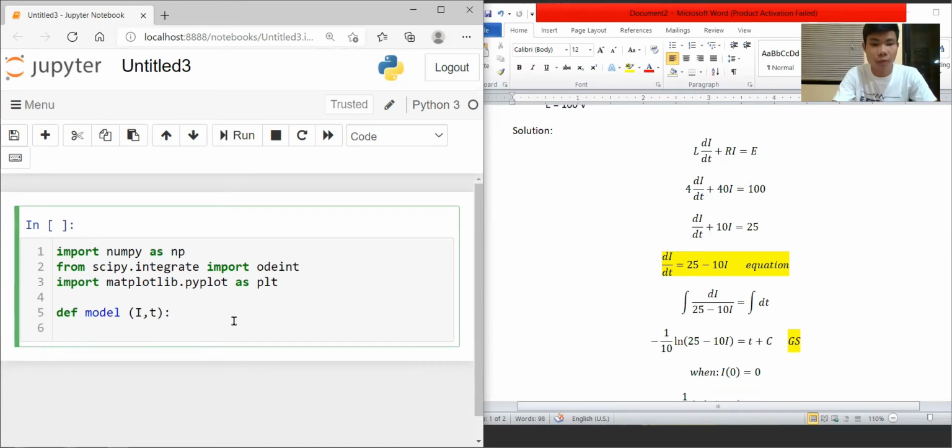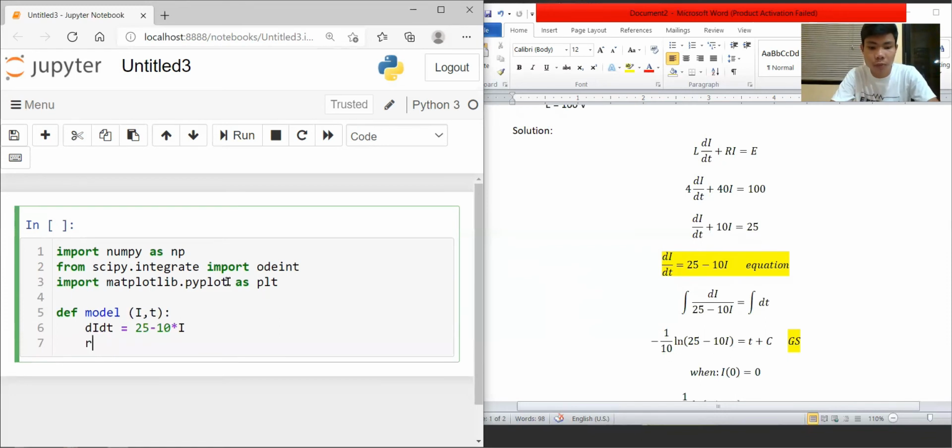So now we will input our equation. So sabi ko nga, ito yung equation natin. Lagay lang natin yan. 25 minus 10 times I. 25 minus 10I. Then we have to return these two.